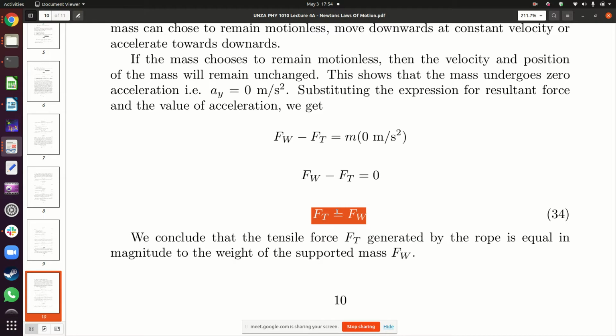Are we clear? That's what it tells us from Newton's second law of motion. This tension is generated by the rope. Are we clear?